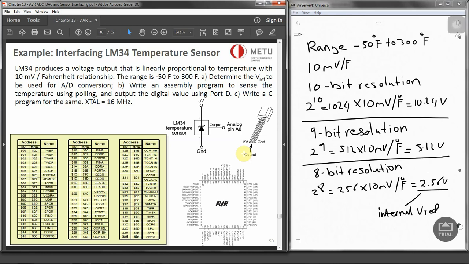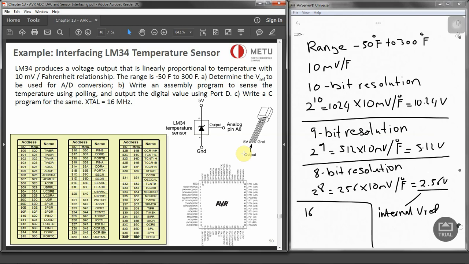So our clock is 16 megahertz. For the 16 megahertz clock, again, we need to have an ADC clock less than 200 kilohertz. That means we need to pre-scale this clock. The best resolution we are going to get is from dividing it by 128, which is 111 in ADPS.